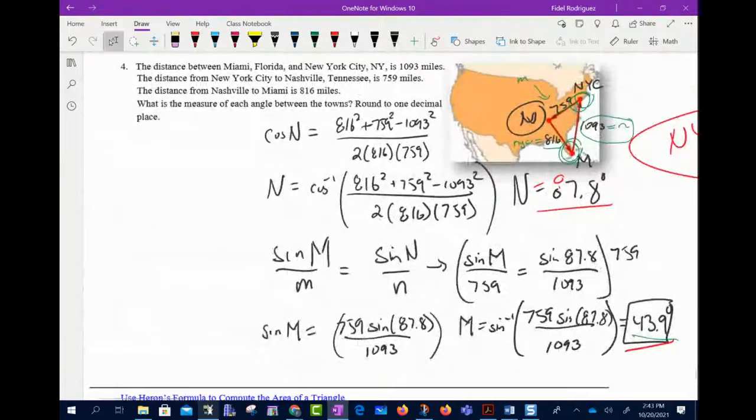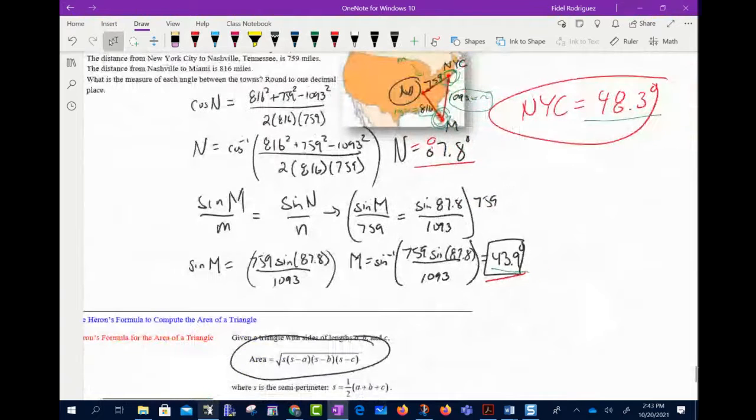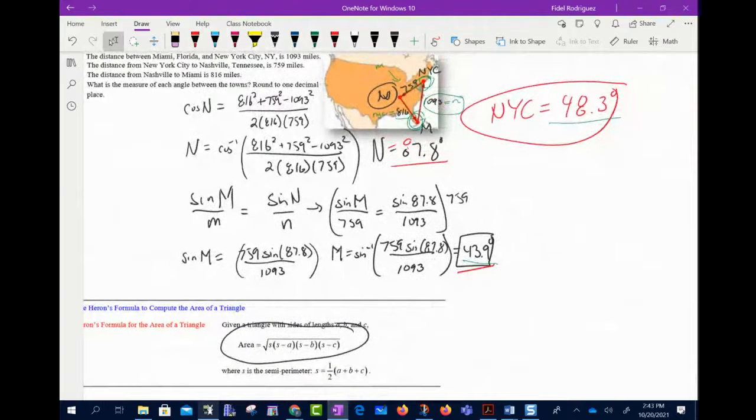So we're going to come back over here, and we're going to see if we can find, number one, the semi-perimeter. So the semi-perimeter says we're going to take all the sides, 759, 816, and 1093. And we're going to add them all up, and we're going to divide it by 2.